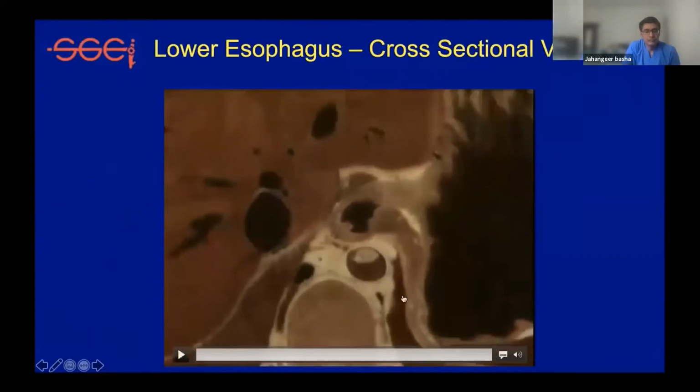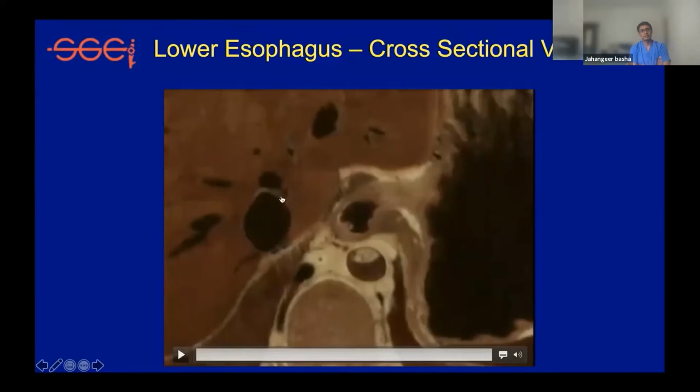cross section. If you see here, when the scope is at the GE junction, we can see the stomach. This is the left lobe of the liver, and this is the IVC. So when the scope is in the neutral position facing anteriorly, the left lobe of the liver is anterior to the transducer.